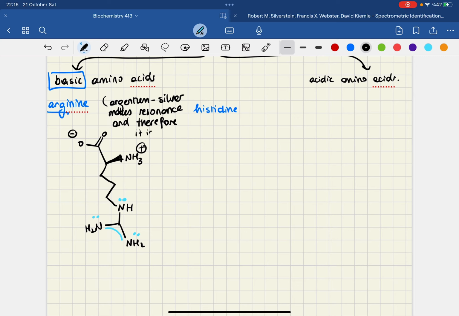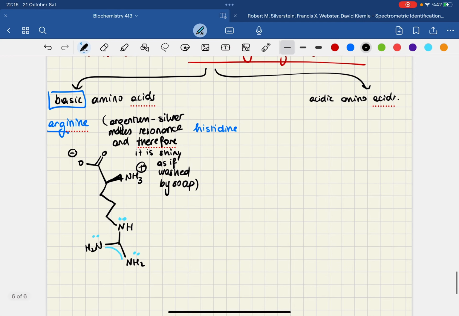It is shiny, let's say, as if being washed by soap, and soap is basic, as you know. And let's move on to histidine.